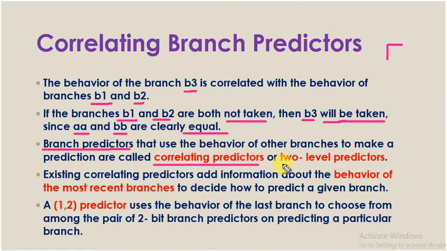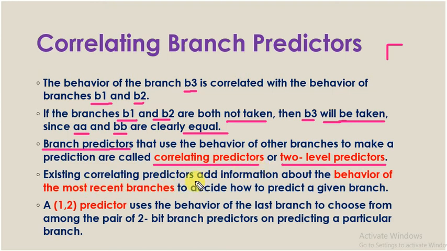It is also called 2-level predictors. The previous 2-bit predictor was only a 1-level predictor. It looks at the behavior of the same branch itself in the previous situation, but correlating predictors look at the behavior of other branches to make the conclusion on the current branch. These types of predictors are called correlating predictors.